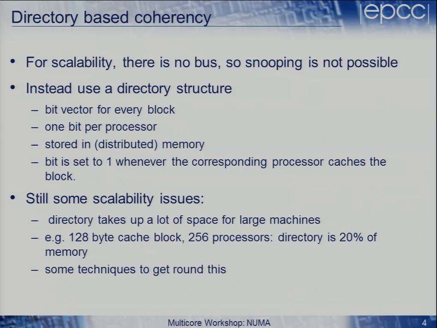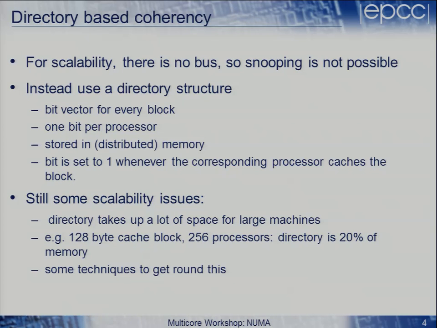So for every block in the memory, say you've got a cache line of 256 bytes, you have a way of knowing through this bit vector which processors have cached that. The basic idea is whenever somebody takes a copy of a cache line, there's a central repository which remembers who's got copies of the cache lines, okay? So there's a directory you can look up to see who has these cache lines.